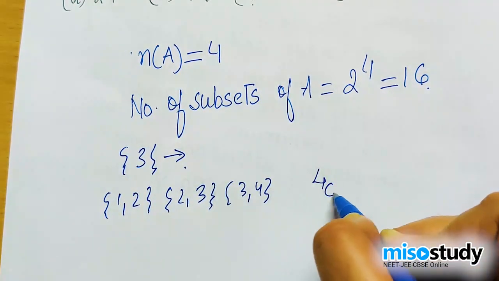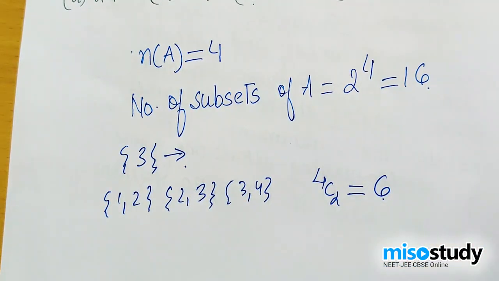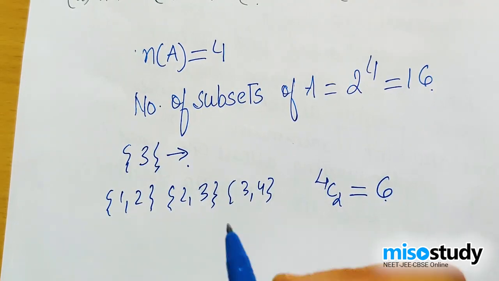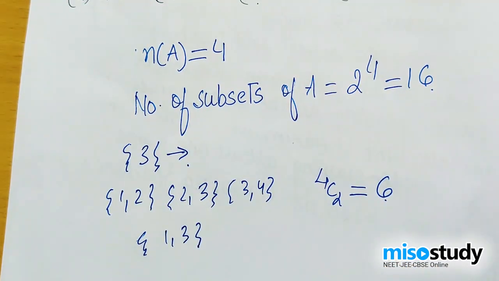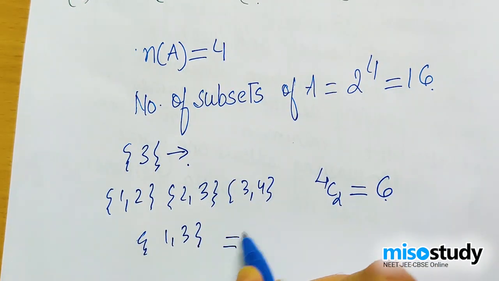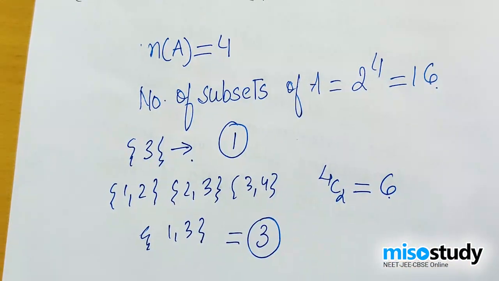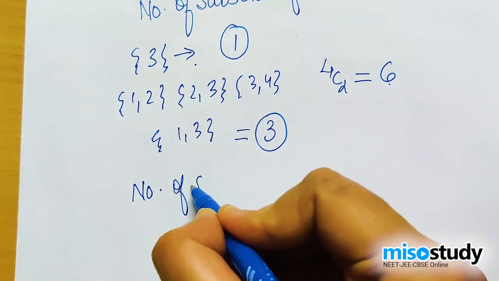Basically 4C2 is equal to 6 such sets would be formed, out of which the ones which you need would be {2, 3}, {3, 4} as well as {1, 3}. That means you need 3 of them. So let's count the number. This is 1 and this is 3. Then the number of subsets with 3 elements.